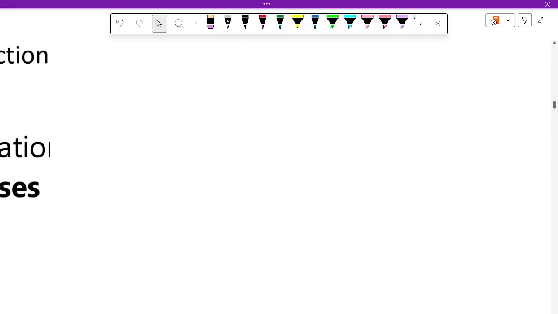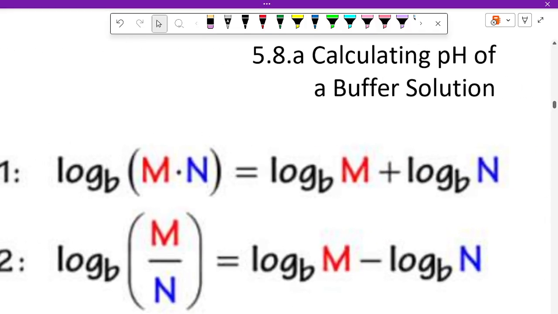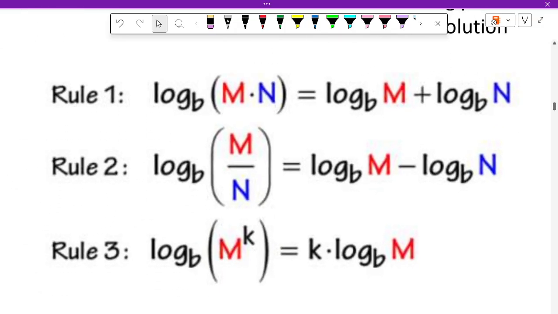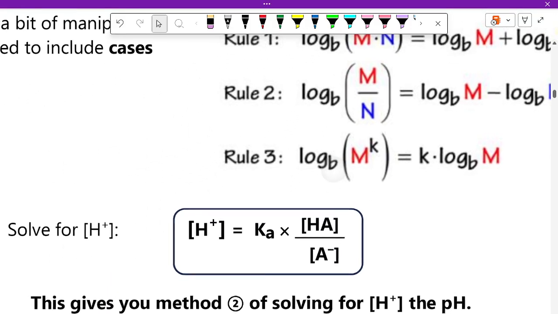So let's look at the log rules. Rule number 1, log of m times n is log of m plus log of n. Rule number 2, log of m over n is log of m minus log of n. And rule number 3, log of m to the k is k times log of m. Are you going to actually have to derive this? No. Let's take a look though.